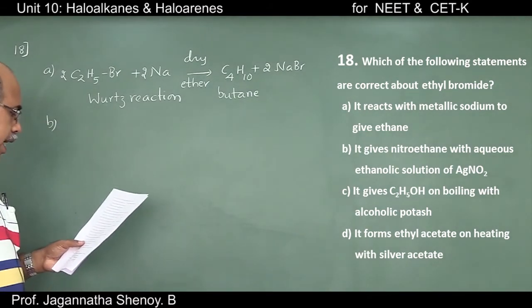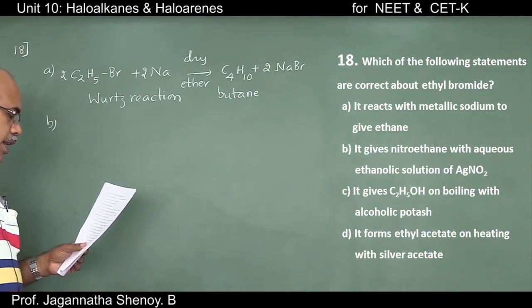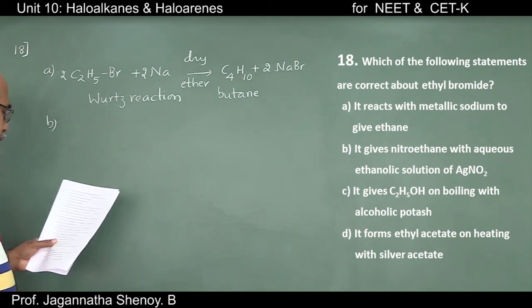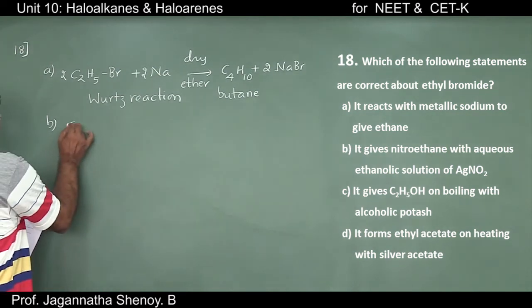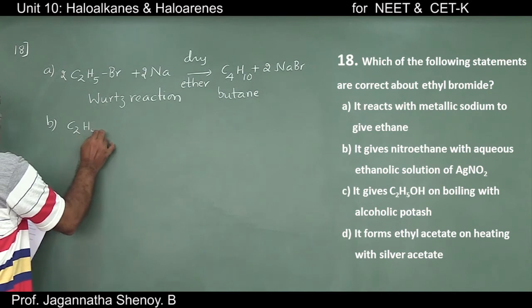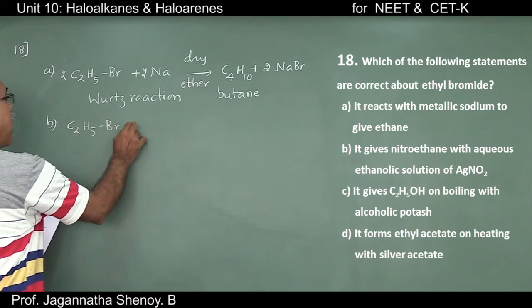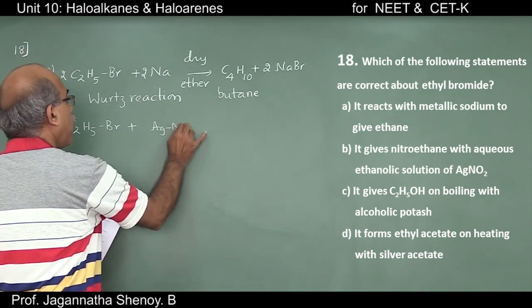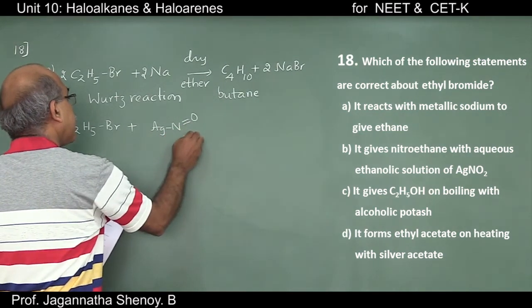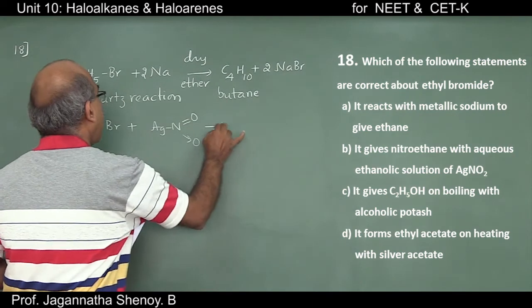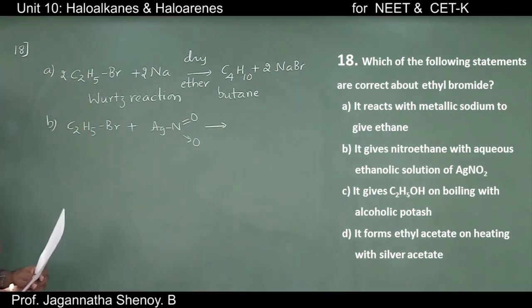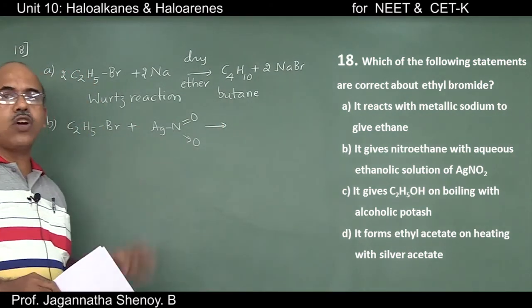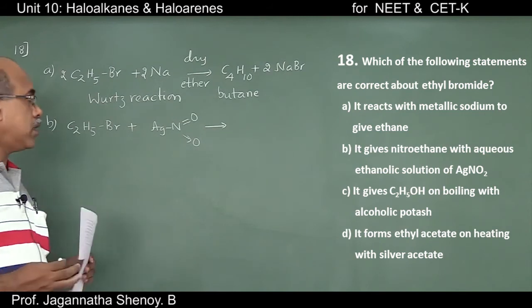Statement B. It gives nitroethane when treated with aqueous ethanolic AgNO2. Let's just see the reaction. C2H5Br. I'm going to treat it with AgNO2. Right? You have already come across this reaction. AgNO2 does not undergo dissociation.